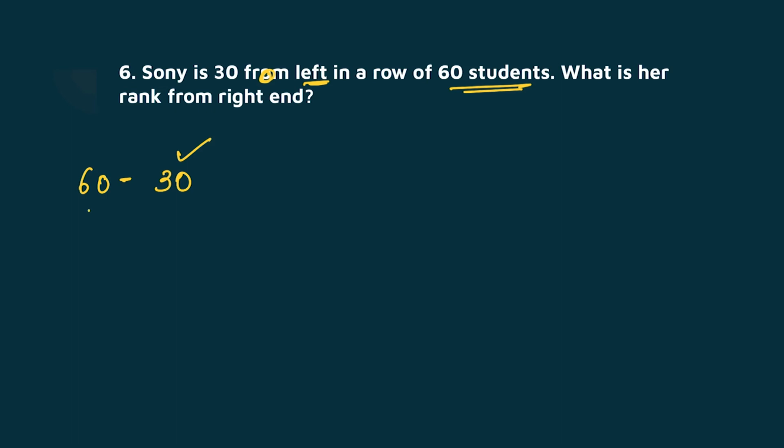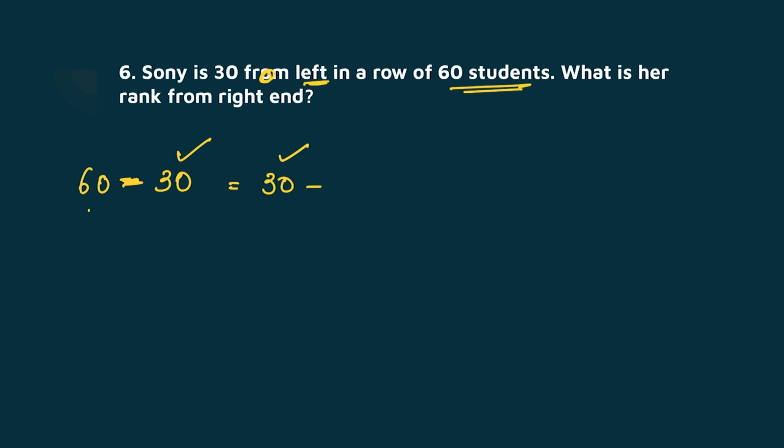Total students subtracted by the position of Sony, which is 30. So now we have to tell her position. Is 30 her position? No, it's not her position, because here we are subtracting. That means we are excluding Sony and we are telling the total members in the right end.